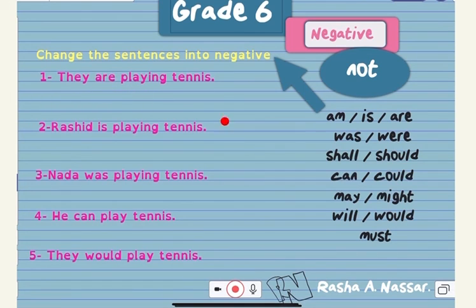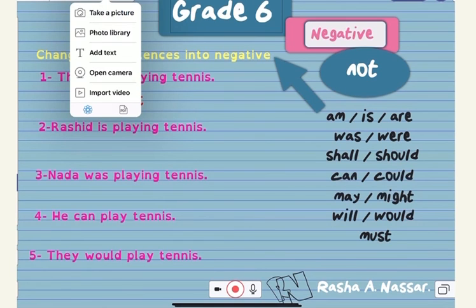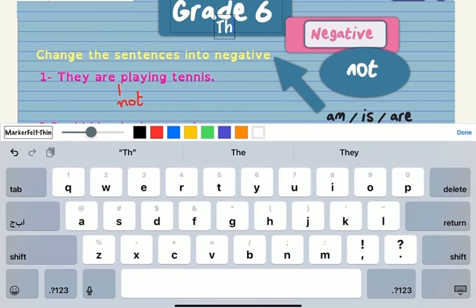One of them is from these helping verbs, am, is, or are. When you see are, you will make negative by putting not only. So I will put here not. It will be they are not playing tennis.